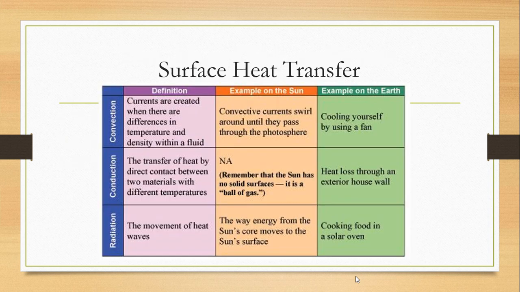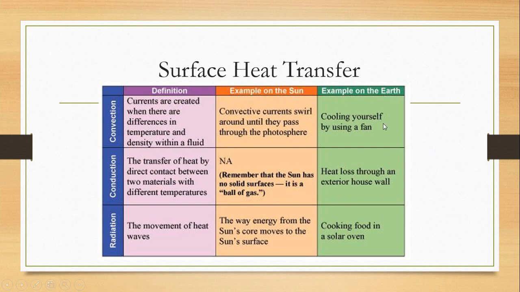Okay, heat transfer. So the first thing we're looking at is heat transfer. So remember earlier we talked about heat transfer via different methods of convection, conduction, and radiation. So for example, to make it more relatable to you, we have very personal examples of each of these, of how heat can be transferred.